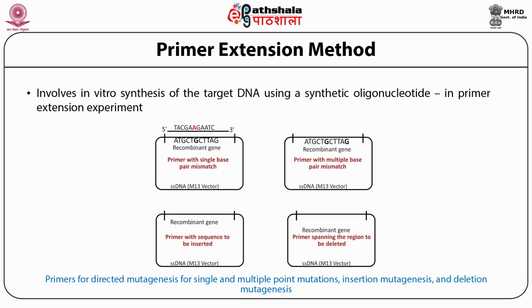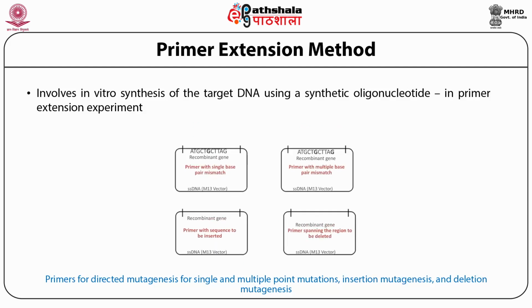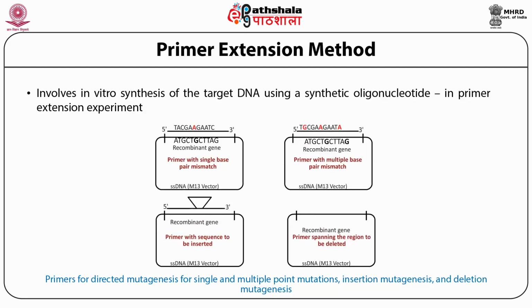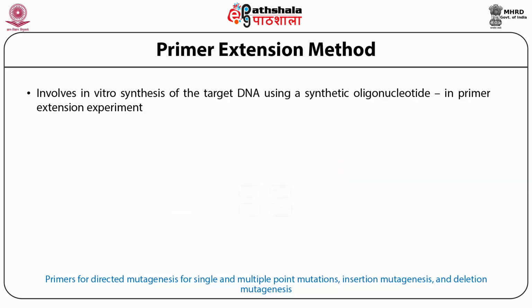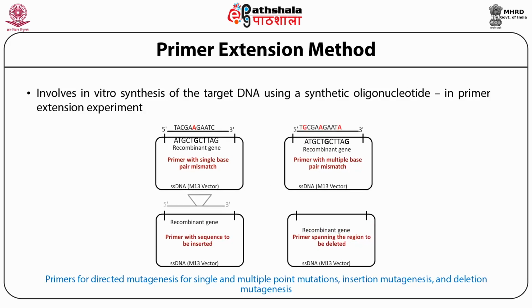Nowadays even the double stranded form can be used. We will look into that after some time. Mutations of addition or deletion or a point mutation at one single base or a couple of bases can be introduced into the primer, and the primer can be used to synthesize a DNA which will harbor that mutation in the subsequent progeny molecules.